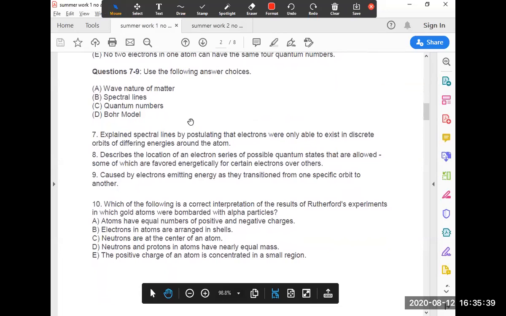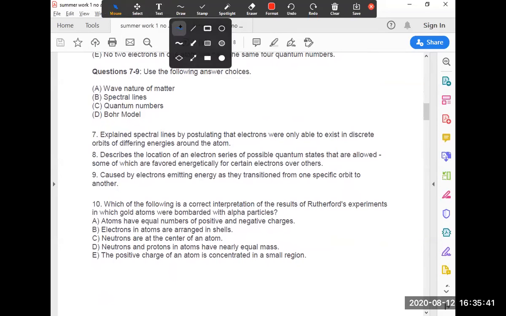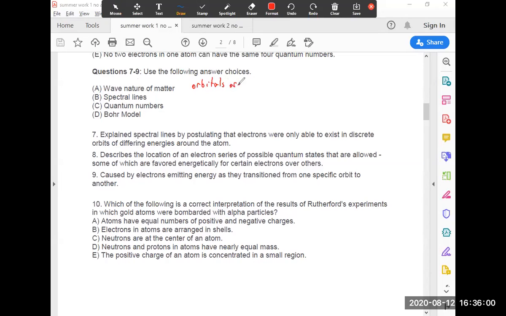Next questions, from 7 to 9. We have those choices only for answering those questions. So either the wave nature of matter, why matter is made of waves. Well, orbitals are waves, let's put it that way. Spectral lines, well, we know what spectral lines are, I hope. Quantum numbers, we know those.